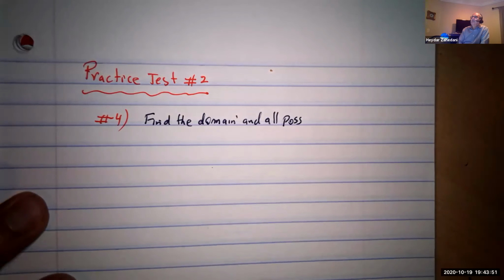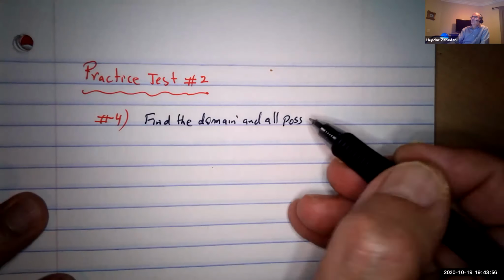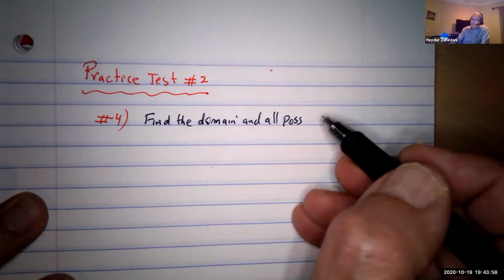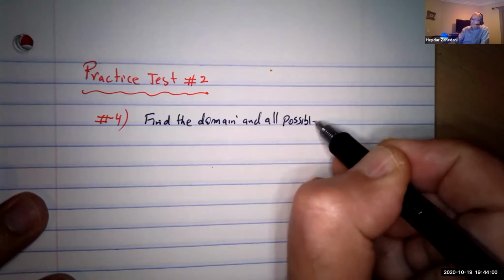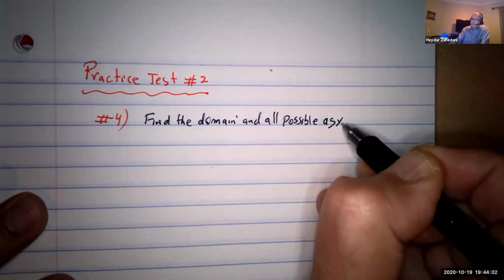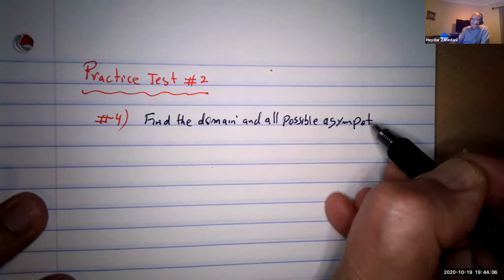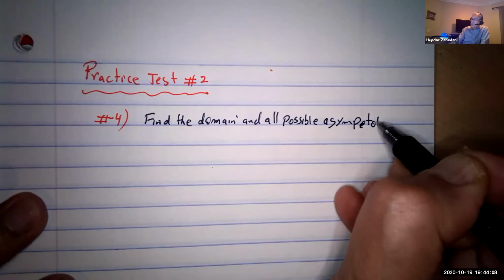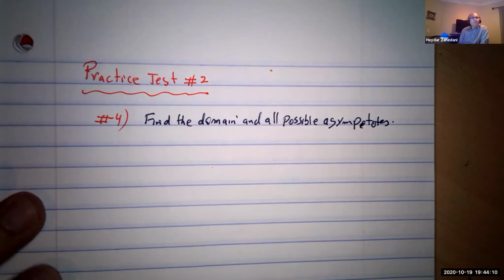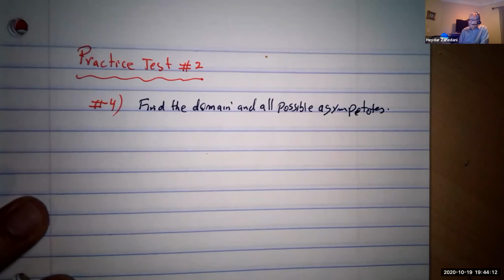They say vertical, horizontal. I just write it for possible asymptote because you automatically know that you have to find these possible asymptotes. Okay, this is going to be about asymptotes. 3 cases.